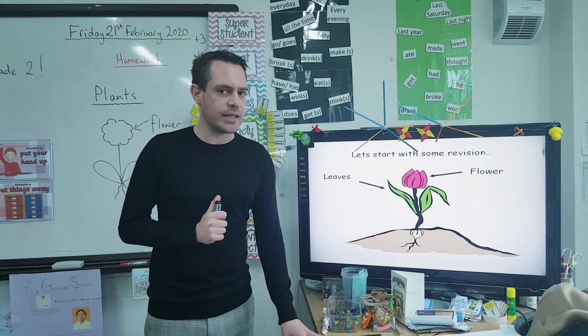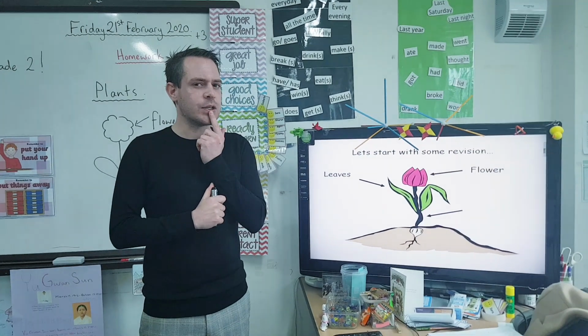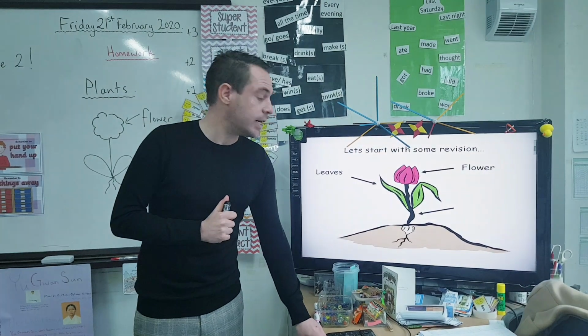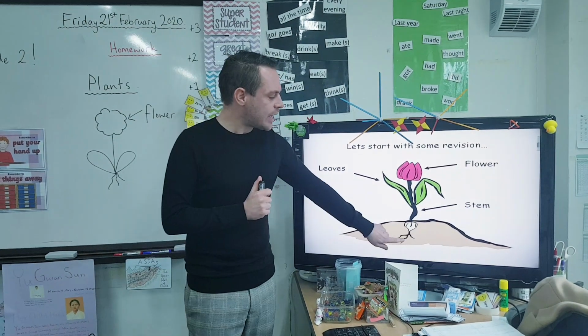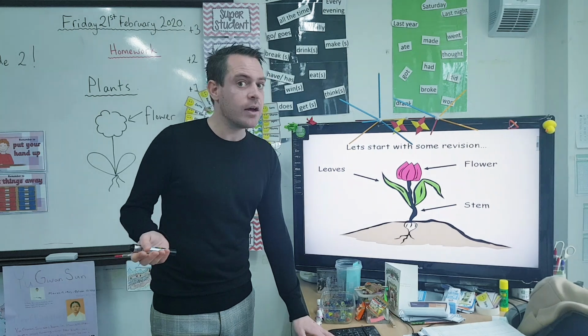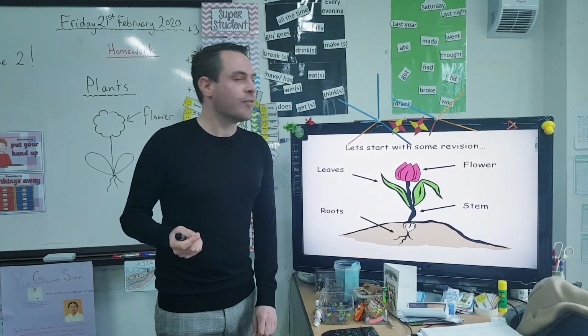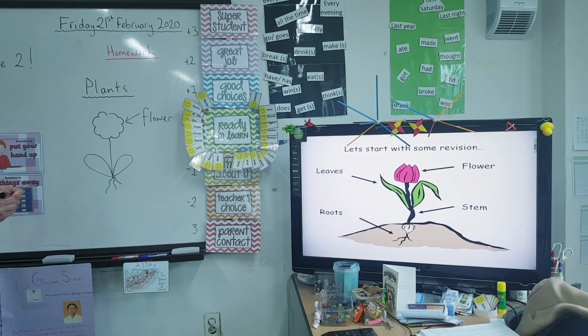Now let's take this one down the middle. That one has a tricky name. It's the stem. And then all the way down here, which actually is what gives the plant its food, are the roots, that's right. So let's use this to label our diagram over here.